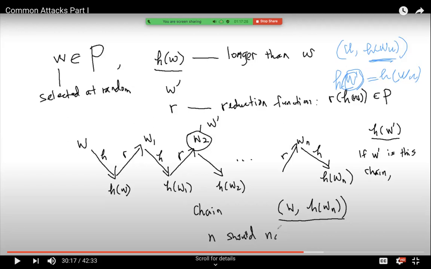So rainbow table is just a compromise. I still store something, but I don't store the entire table. Yeah, and because I store something, I cut down my computation time as well.